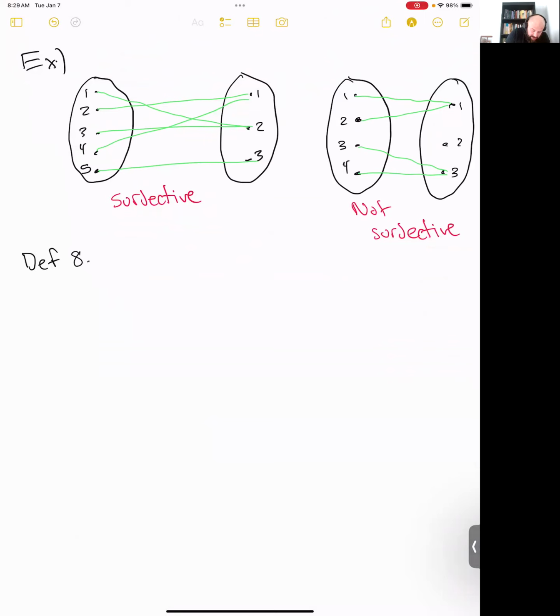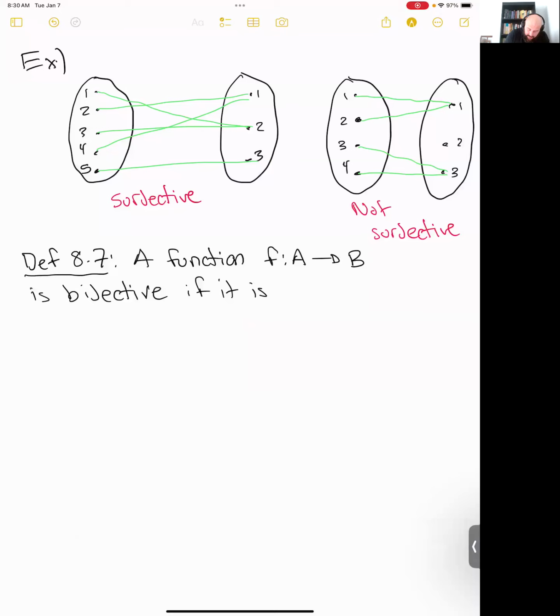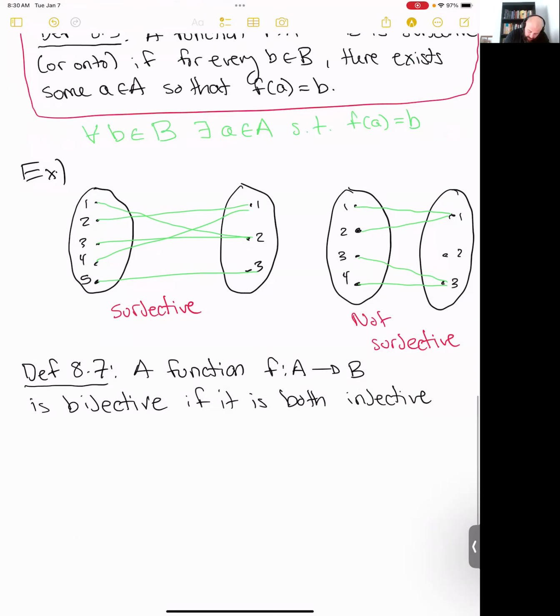And then there's one more definition that we want here. So we say that a function is bijective if it is both injective and surjective.